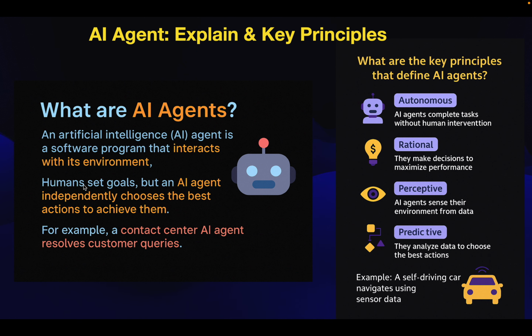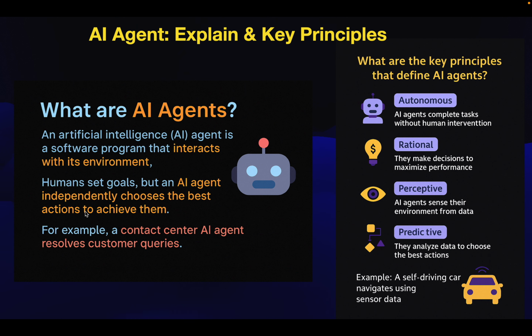Here is the key difference: while humans set the goals, it's the AI agent that independently chooses the best action to achieve those goals. It does not wait for step by step instructions. It decides, learns and acts on its own.